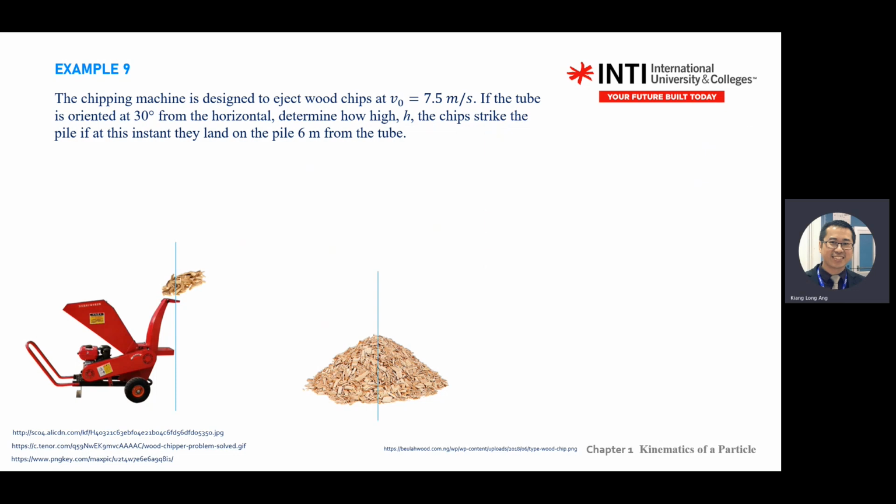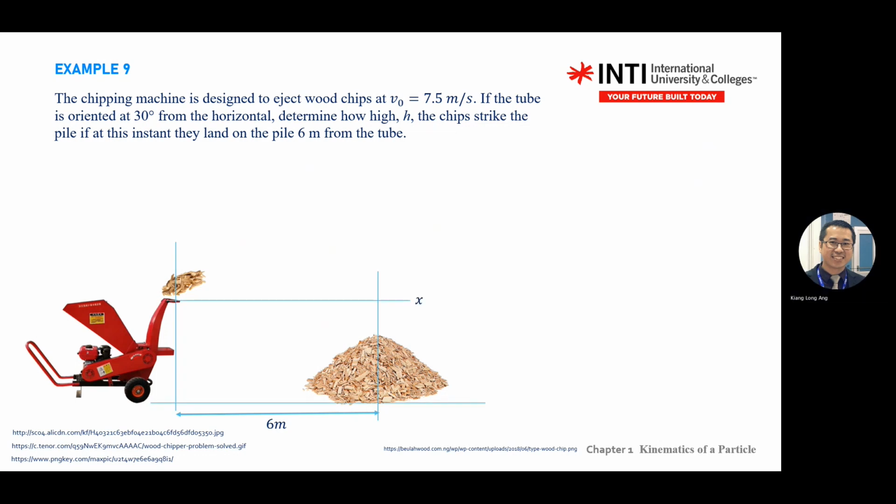So you start with giving the location first. Always give the axis, the location first, on the diagram you draw. Of course, when it comes to a test, you don't need to draw the object, you can use a dot or a shape to represent the object. You're given a distance between the mouth of the machine and the pile, 6 meters. You're given that the machine tilts 30 degrees.